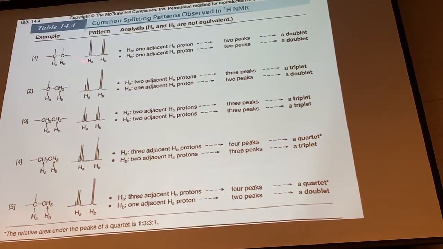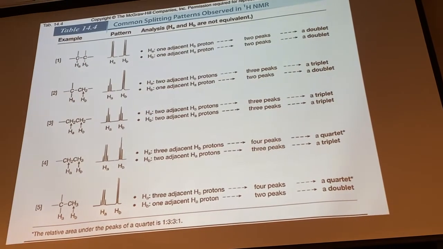And these lines that we see that have nothing attached to them have to be non-hydrogen atoms. They have to either be carbons or heteroatoms, right? If these are hydrogens, then the patterns would be different, okay? So this would be a molecule where you'd have 2 CHs or 2 methynes next to each other that are not equivalent. You would have a doublet pattern and so forth, okay?